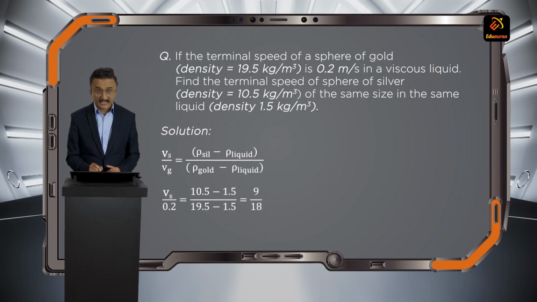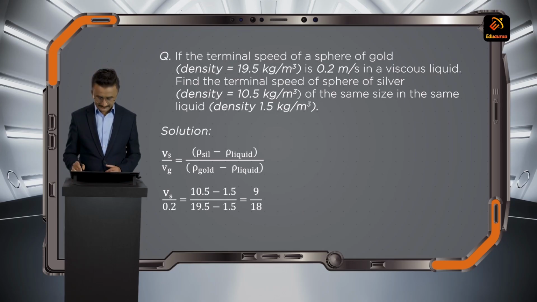So now I can find out the velocity of the silver sphere in that liquid. Vg, velocity in the gold, is 0.2. Density of silver is 10.5 minus 1.5 in the bracket, divided by 19.5 minus 1.5. 10.5 minus 1.5, so it is 9. And 19.5 minus 1.5, so it is 18.